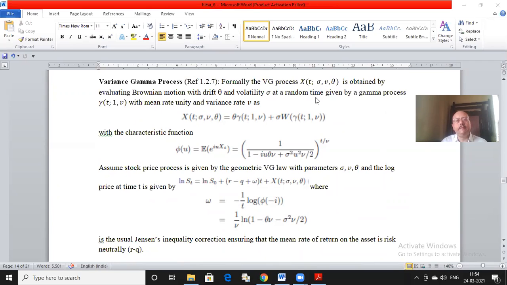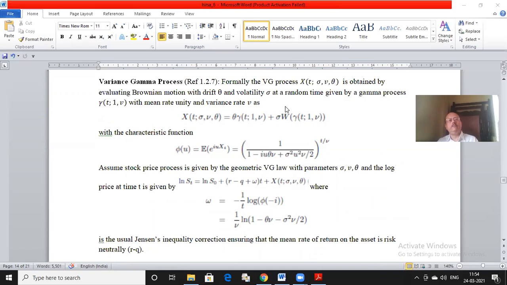So T is generated from a random process, random time given by a gamma process with mean 1 and variance nu. So this nu is contributing to the random arrival time. Sigma and theta are contributing to the Brownian motion with the drift and volatility.